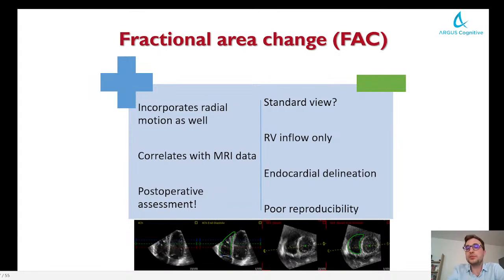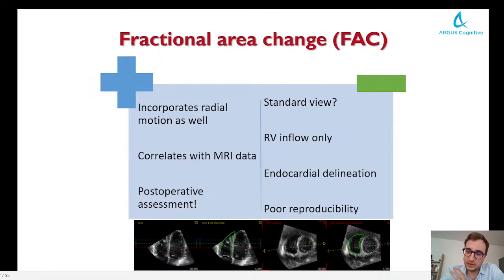And for the postoperative assessment, it may be a more adequate method because, as already mentioned, following cardiac surgery, TAPSE quite commonly fails to adequately characterize the overall global right ventricular function. However, it's very hard to find a standard view for fractional area change.